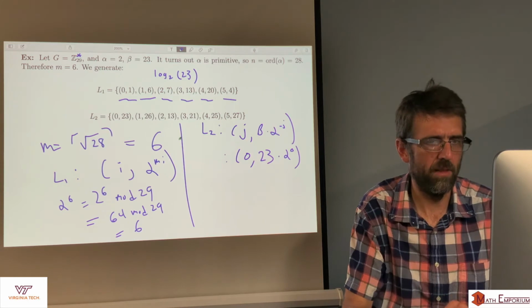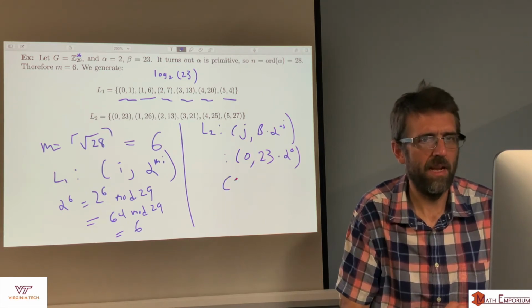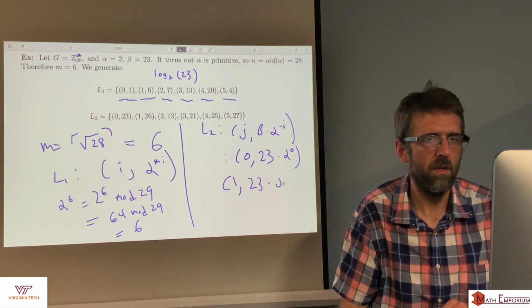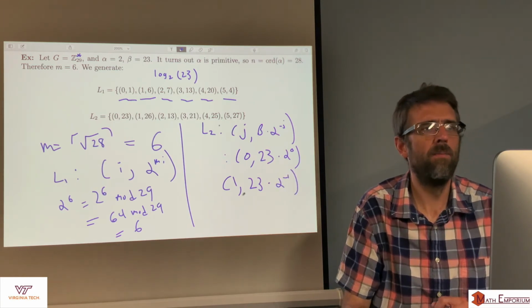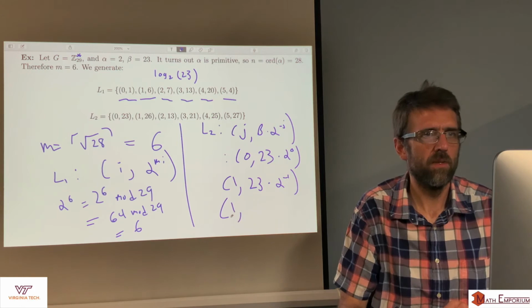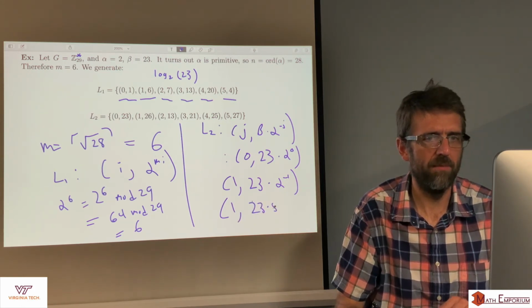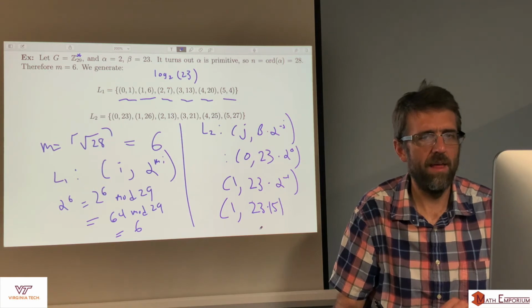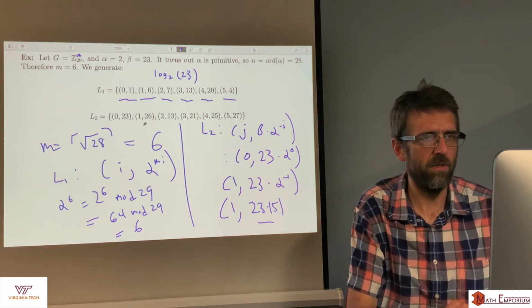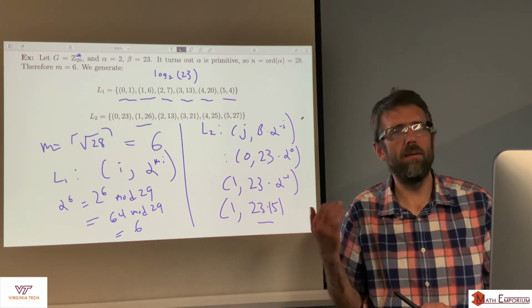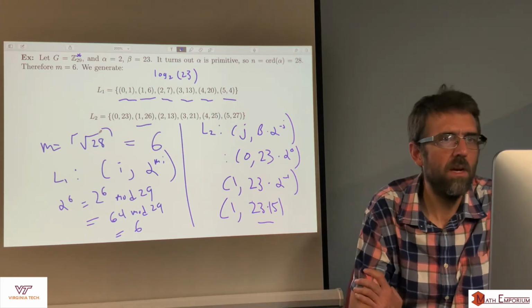The second entry would be 1, 23 times alpha to the negative 1. What's the inverse of alpha mod 29? It's 15, so it'd be 23 times 15, and I'll let you plug it in to verify that that gives you 26, et cetera. That's how we generate these two lists.